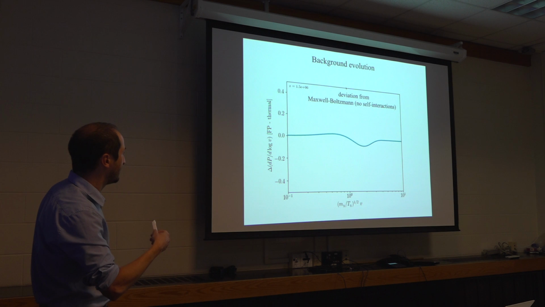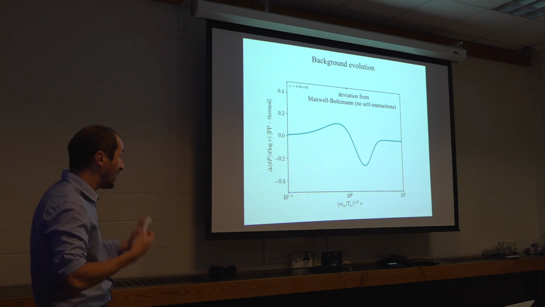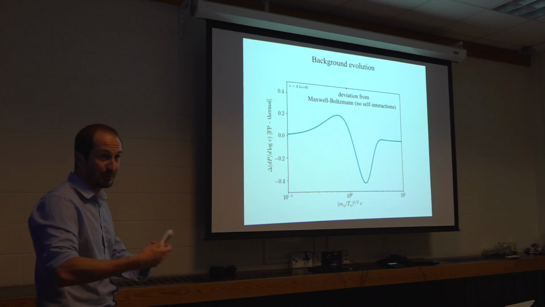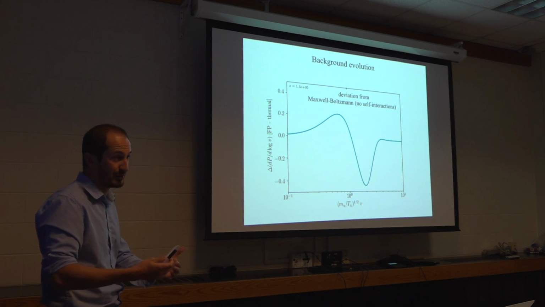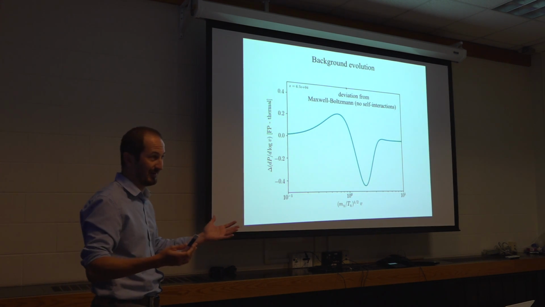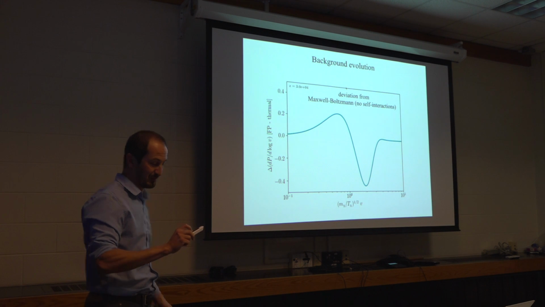You see that as the dark matter decouples from baryons, it is no longer maintaining a Maxwell-Boltzmann distribution, it just picks up some order 1 distortions away from Maxwell-Boltzmann.